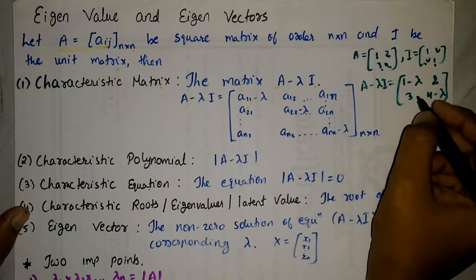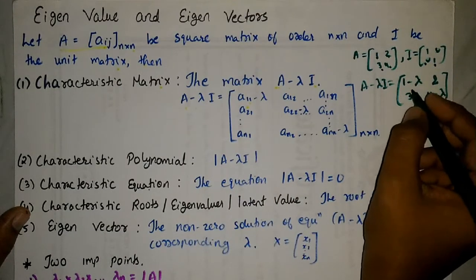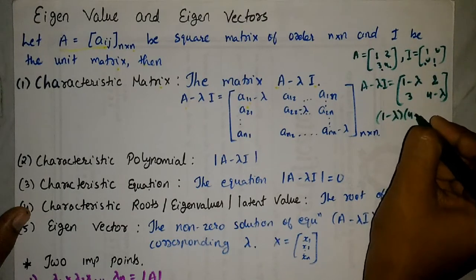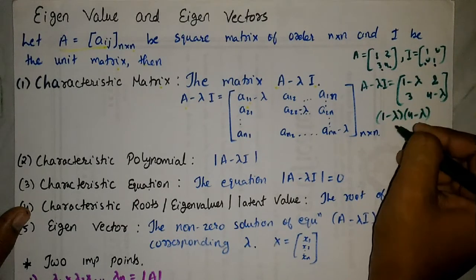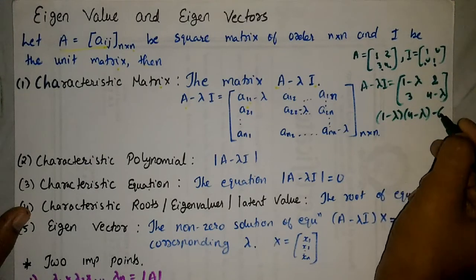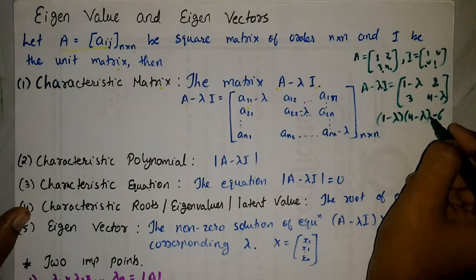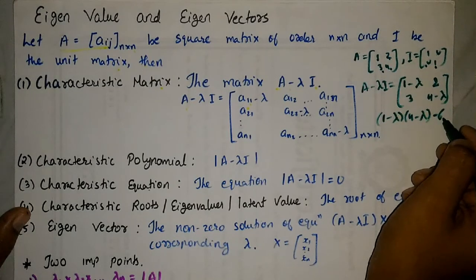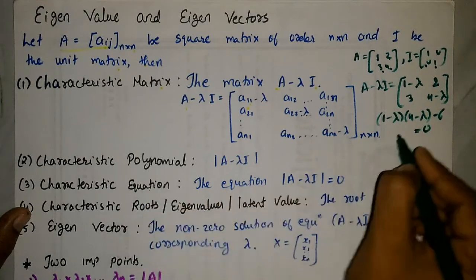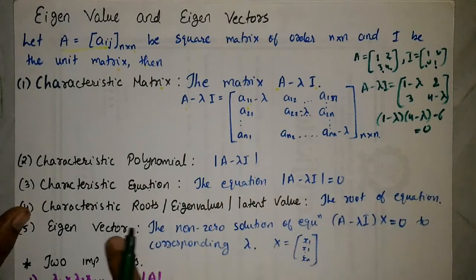When we find the determinant of this, it will be 1 minus lambda into 4 minus lambda, minus 2 into 3. So this is our determinant, and this is called the characteristic polynomial. And we equate this to 0, then it is called the characteristic equation.